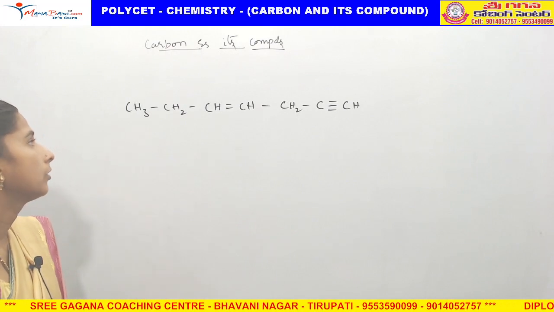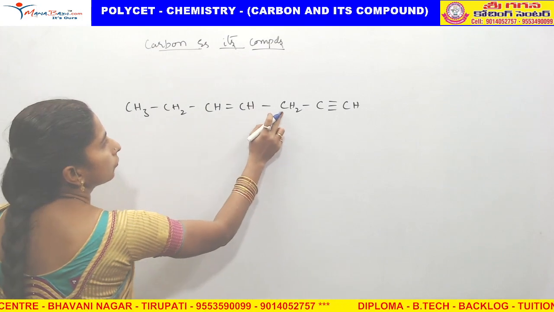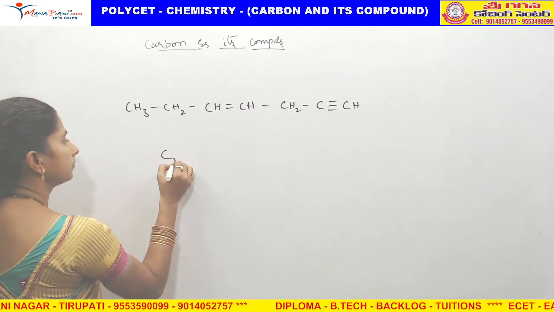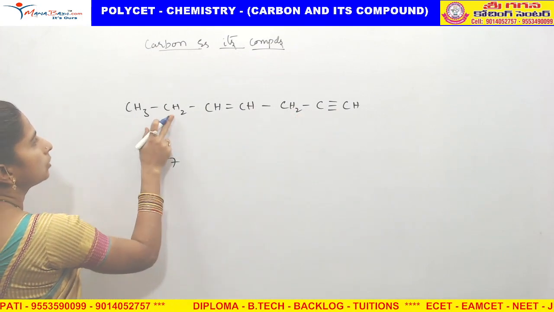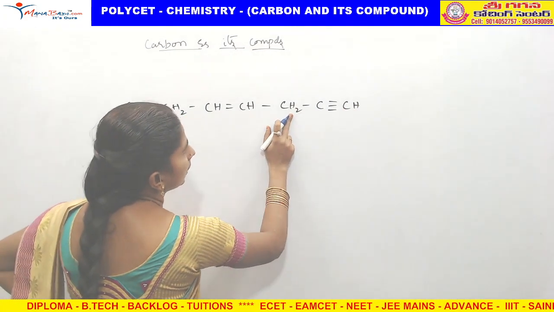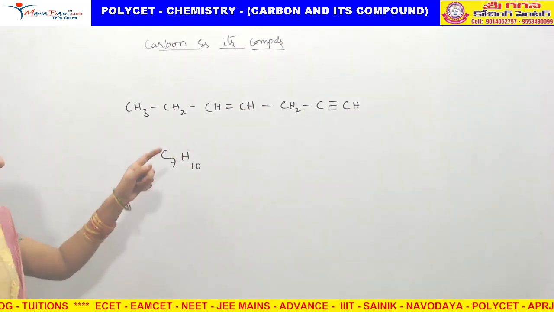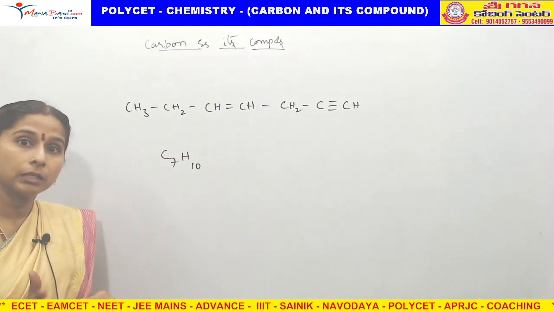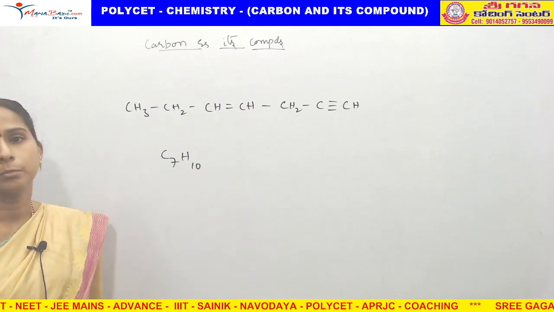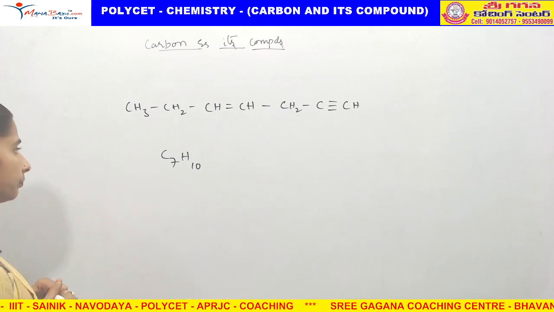Tell me. 1, 2, 3, 4, 5, 6, 7: C7. Hydrogens: 3, 2, 5, 6, 7, 8, 9, 10. H10. We should not call this alkane, alkene or alkyne. This is a mixed compound.